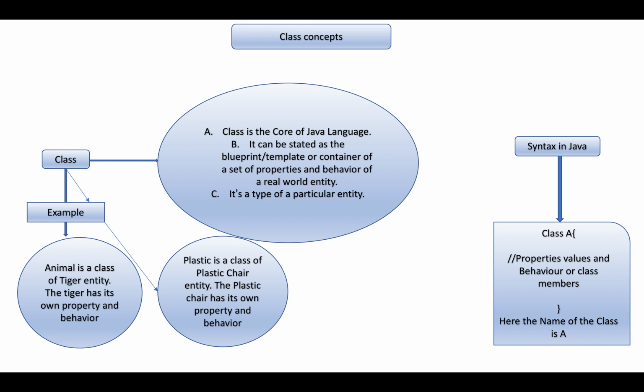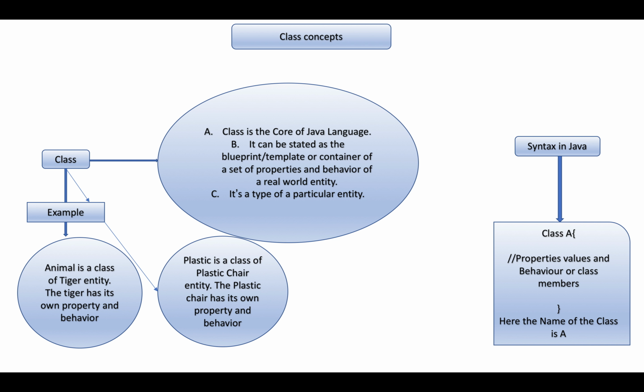Okay. So now as I was mentioning, tiger, right? Tiger has certain properties and certain behavioral characteristics. Likewise, the chair example I was mentioning, right? Chair has certain properties, certain behaviors. What type of behaviors? You can sit on a chair.